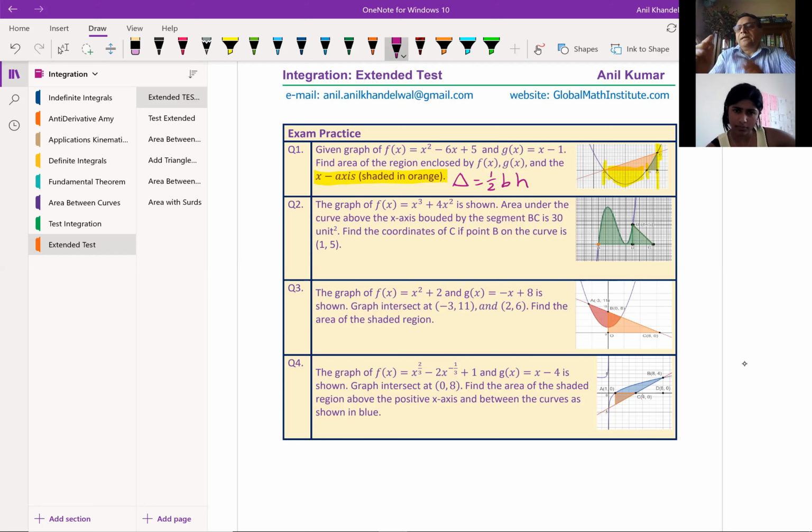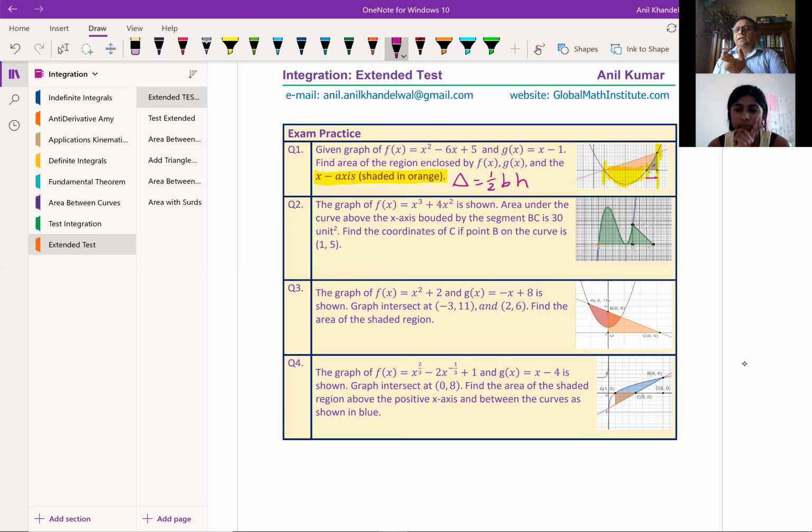So we have a big triangle now. So what I will do is that from that big triangle, I'll take away the green area. Green area is the area under the function parabola f of x from this point to this point. Do you understand?